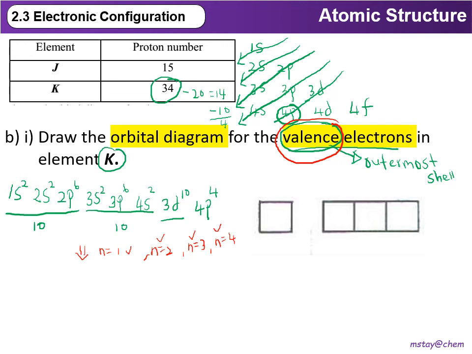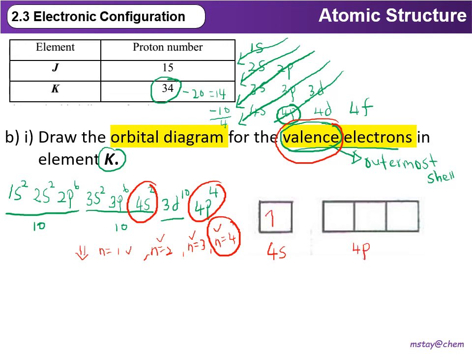Among all these 4, which is the outermost shell? Yes, very good. It is n equal to 4. That's why we check here: we have 4p4 and we also have 4s2. So we have to draw the orbital diagram for 4s and also 4p.